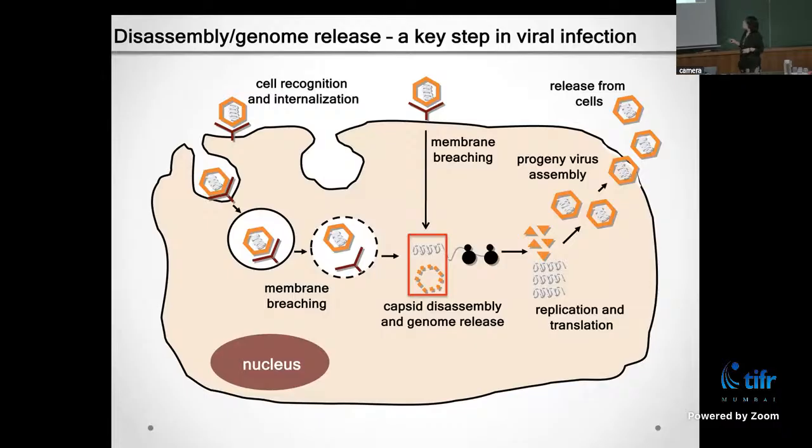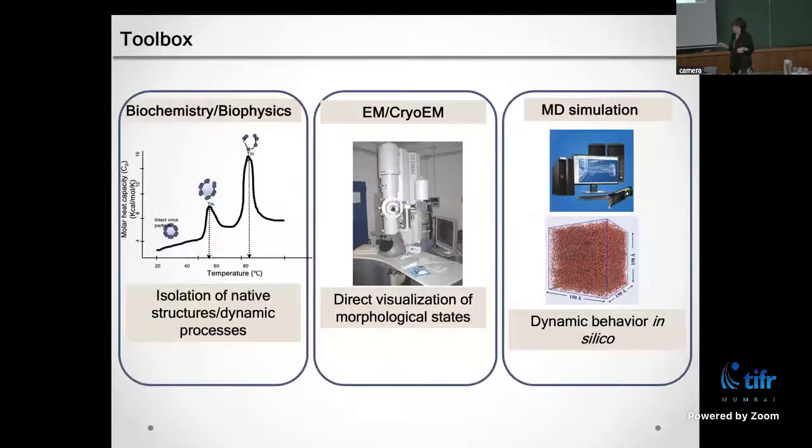So what we tried to do to understand this conformational alteration in vitro was to work out a method to trigger disassembly in vitro. And this we do with the help of a process called DSC, which is differential scanning calorimetry. So we just give small packets of heat to the particle.